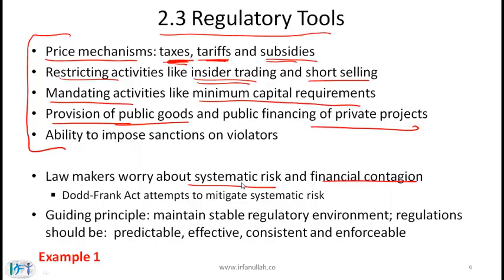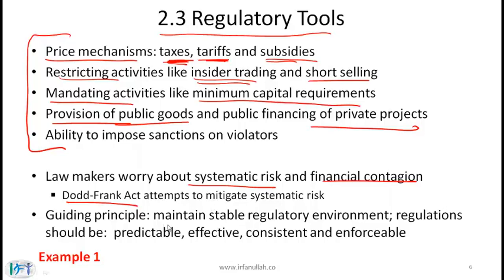And lawmakers need to worry about how to minimize this risk. Financial contagion refers to a situation where the financial issues or problems in one region can carry over to other regions. So again, the basic point is that lawmakers need to worry about these elements and worry about how to mitigate them. The Dodd-Frank Act, which has been mentioned a few times, attempts to mitigate systematic risk. The derivatives example that I gave earlier is just one element within the Dodd-Frank Act.